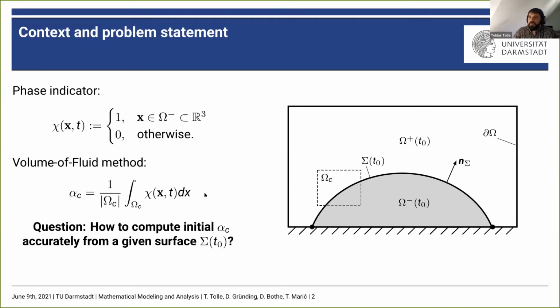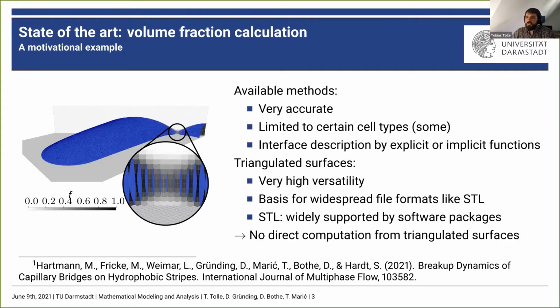However, what one usually has provided at the beginning is not the distribution of the volume fractions, but instead the actual surface, here named sigma. So the question is how to compute the initial volume fractions from a given surface sigma, and how to do this accurately. And of course, this depends on how the surface sigma is actually given.